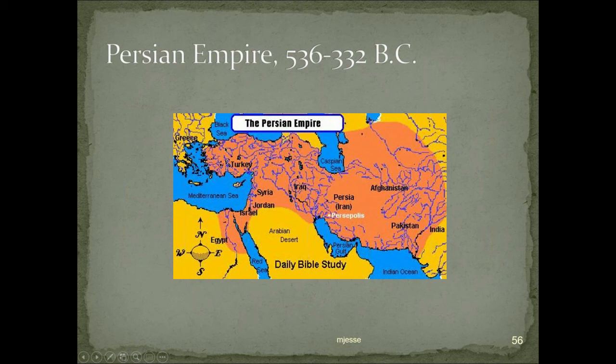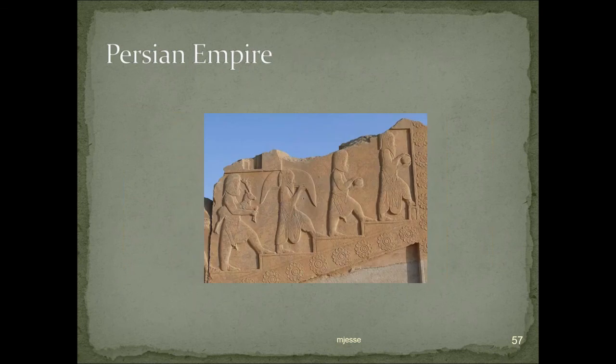And he had little governors in all the different places, including in Israel. His road system was set up so that at every 10-mile interval, they would change out the horses. And so it was the beginning of the postal service, because communication was able to travel quickly back and forth along the royal roads. Images from the Persian Empire.